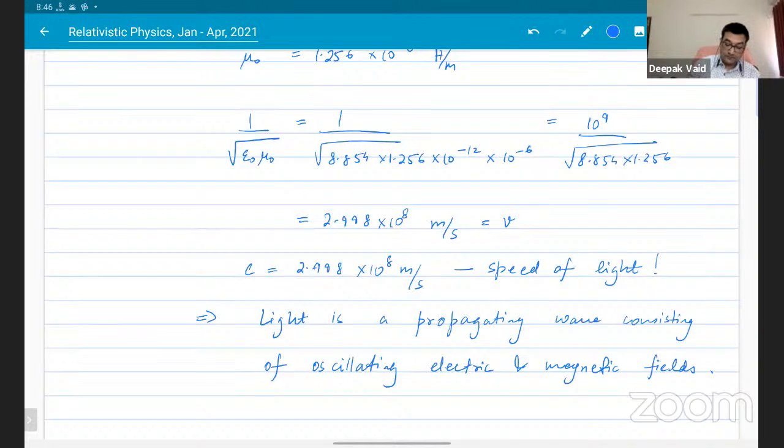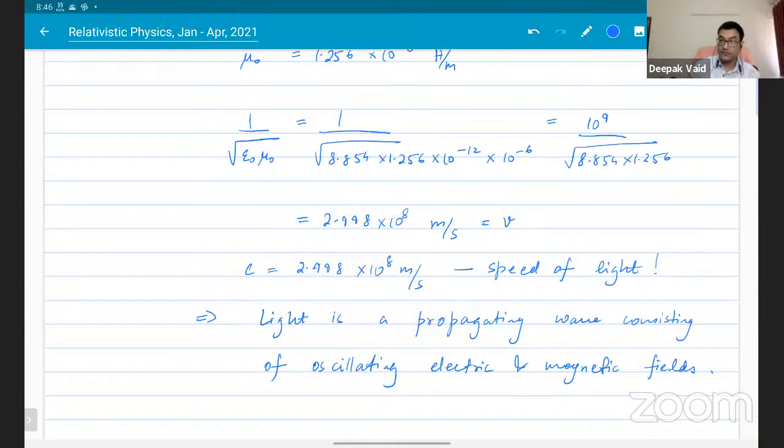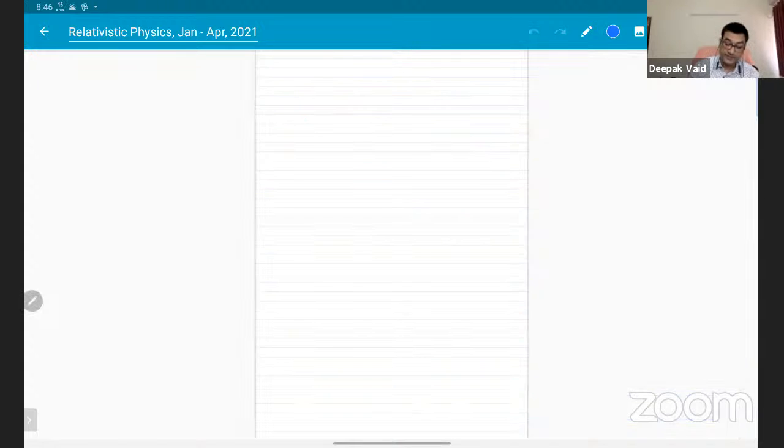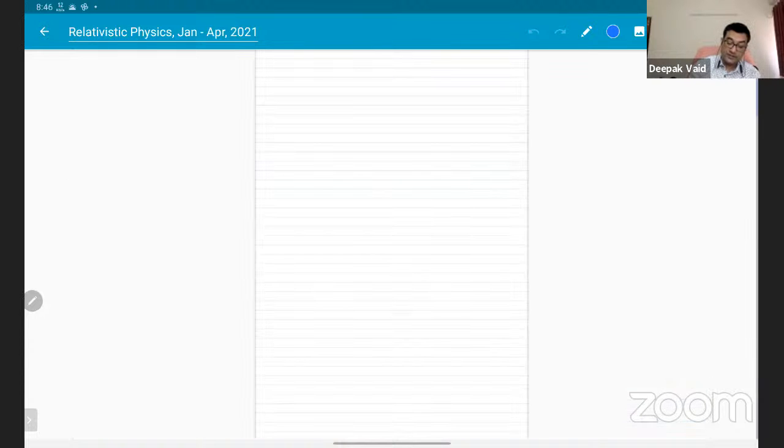So now, the velocity of this wave is what we know to be the speed of light, 3 times 10 to the 8 meters per second, right? But now this is the interesting part.